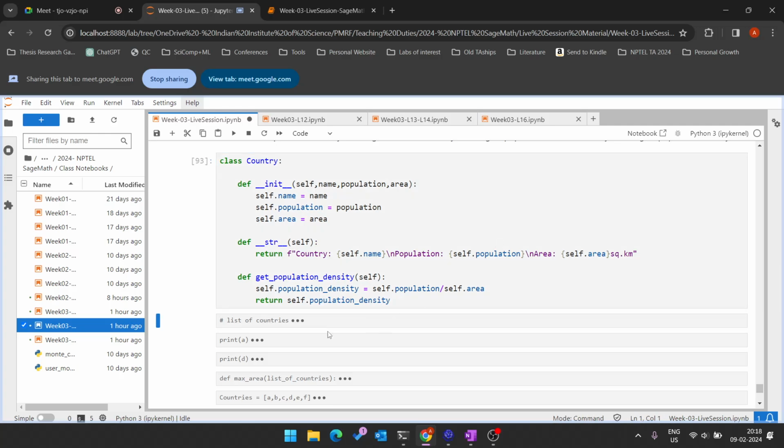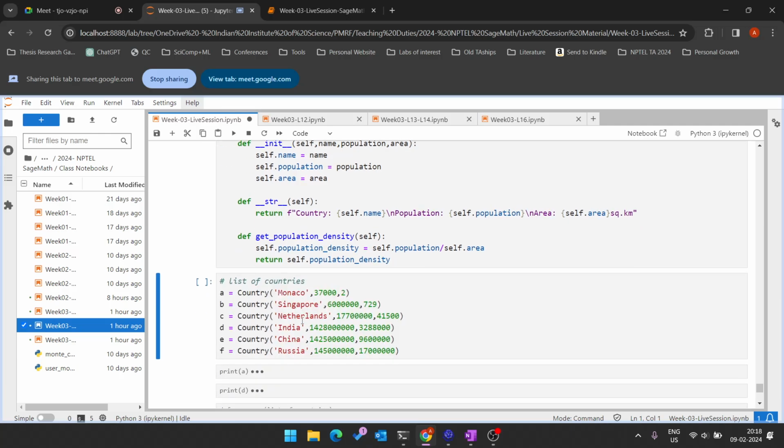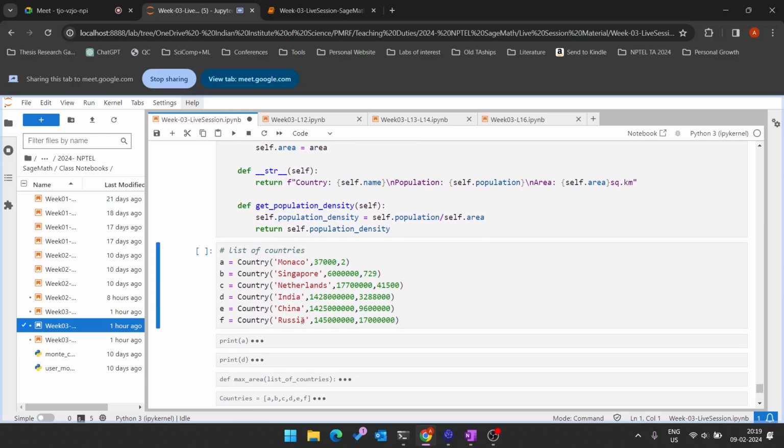Alright, so this is how this looks. I've chosen a list of countries already, so the values that you are seeing here roughly correspond to values taken from Wikipedia, but have been approximated a bit. So this is a list of countries that I have.